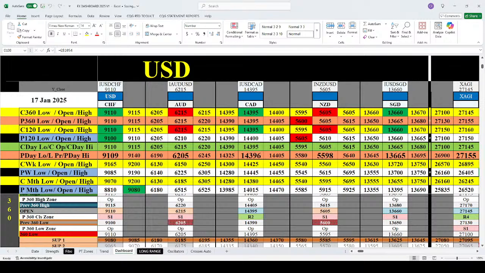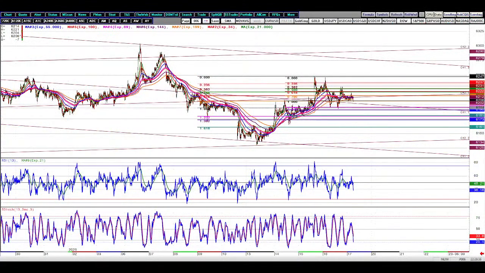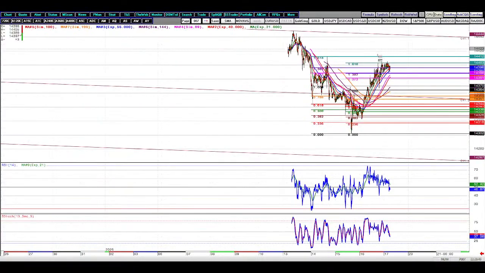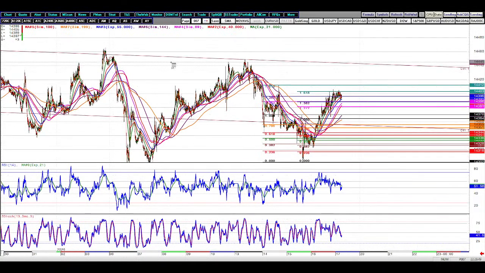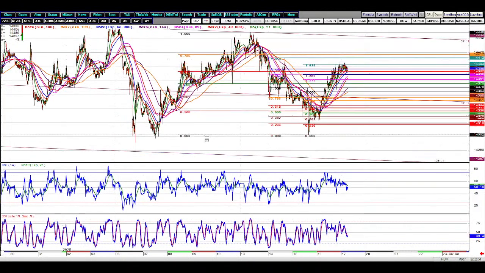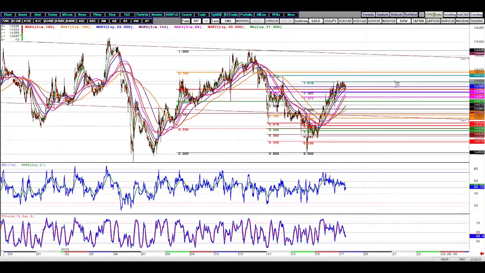Okay, let's tally it with the chart. If you look into the chart, market is moving up, no strength or weakness. So if we are planning to sell, we should be planning to sell near 144.20. The market has not turned yet because no signals have been seen.